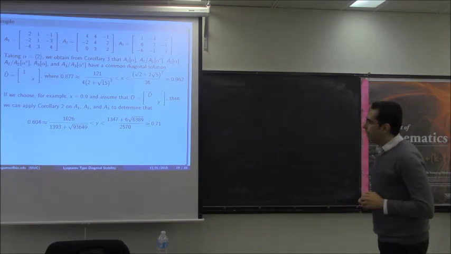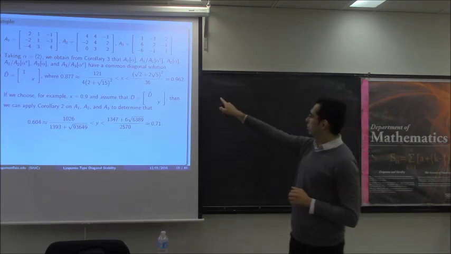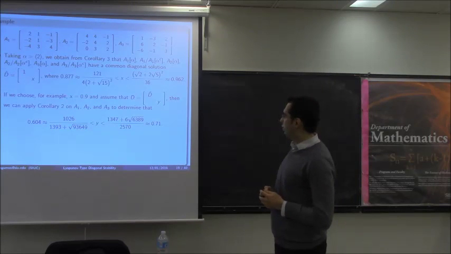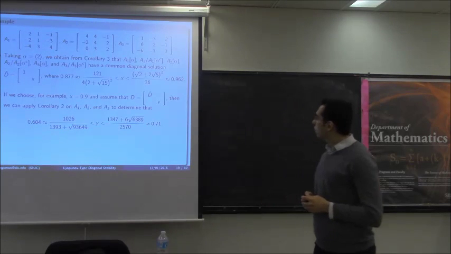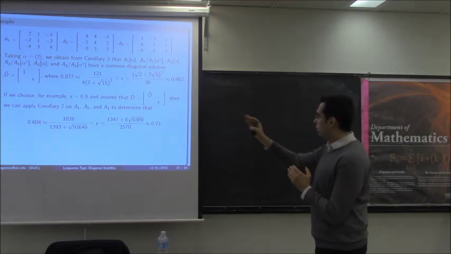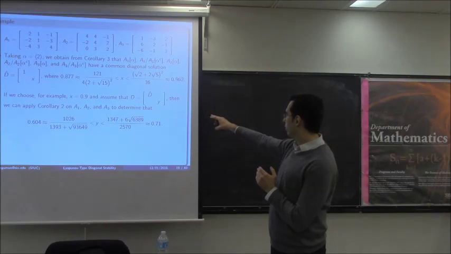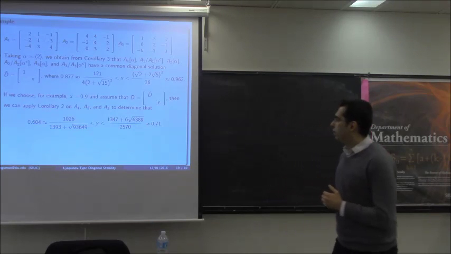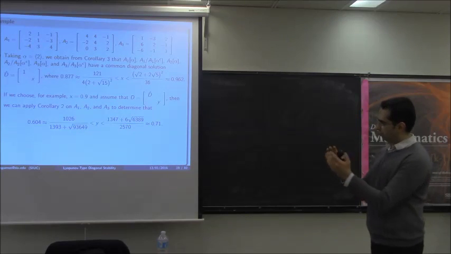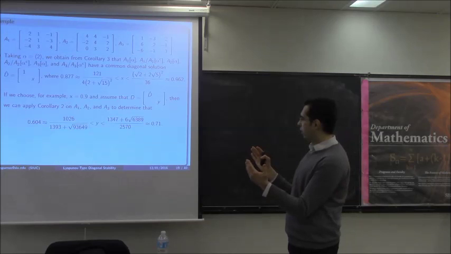Now we choose an x between these two numbers. We choose x equal to 0.9, and we construct a common diagonal solution D hat and y. Now I apply the corollary here, and we again obtain an interval.